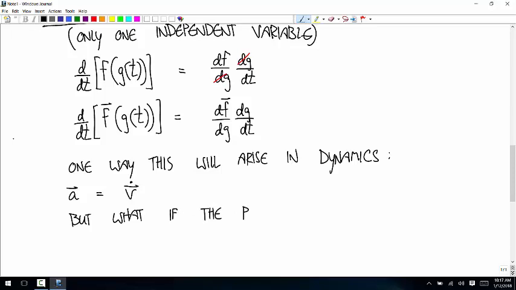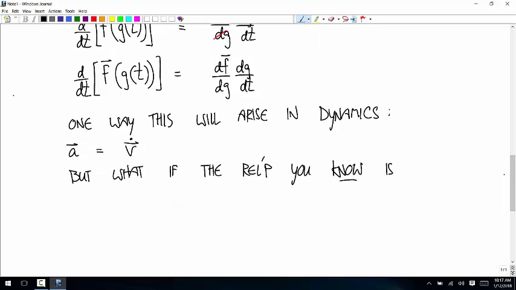What if the relationship is velocity as a function of some kind of position variable? That actually comes up pretty often. It's not that it's not a function of time, we just don't know what that function is, but we do know what the velocity is as the position varies.